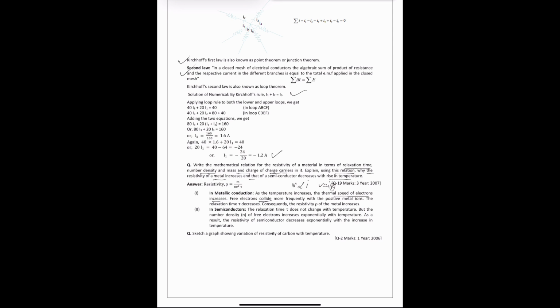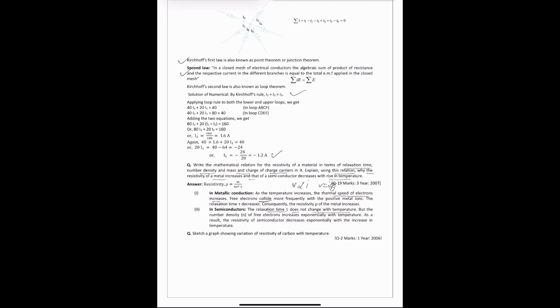But in the case of a semiconductor, the relaxation time, tau, does not change with temperature. In a semiconductor, the charge carriers depend on what type of semiconductor you have, P type or N type.